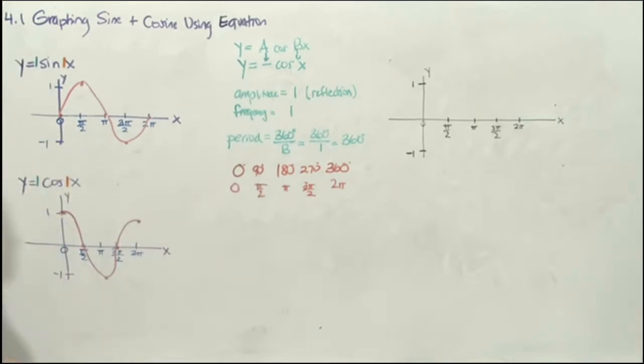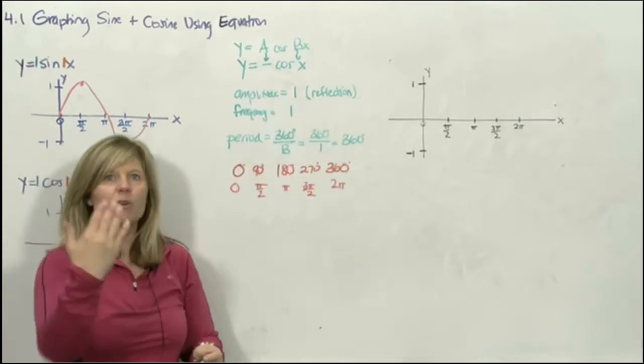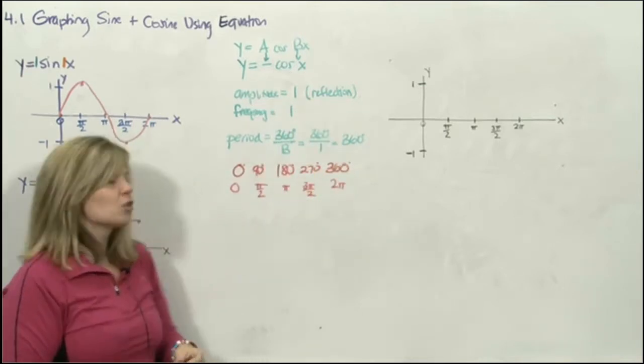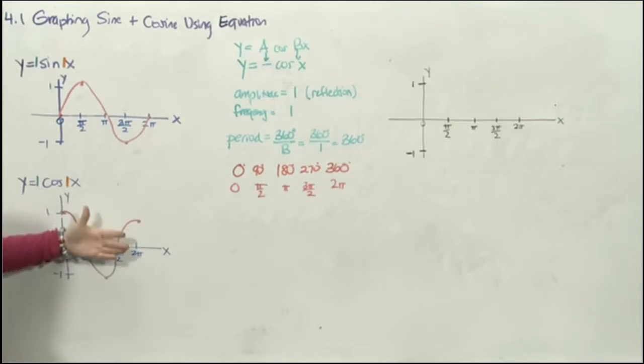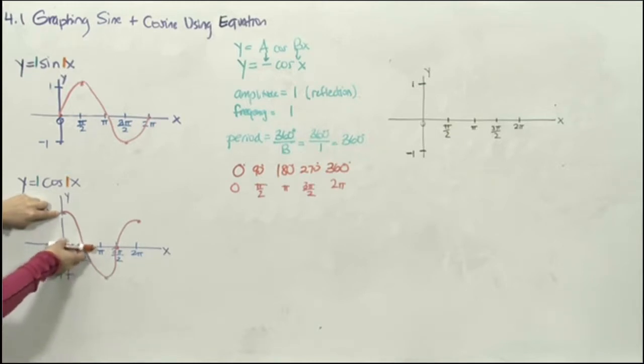So here's where the reflection part comes in. Normally, a cosine curve starts up here at its max, goes all the way down to its min, and then comes back to its max. If it starts out as a negative, it means it's a reflection. When you look at your reflection, don't you get a mirror image? So what's going to happen is this whole graph is going to flip. So instead of this point beginning up at 1, if it reflects across the x-axis, it's going to begin low.